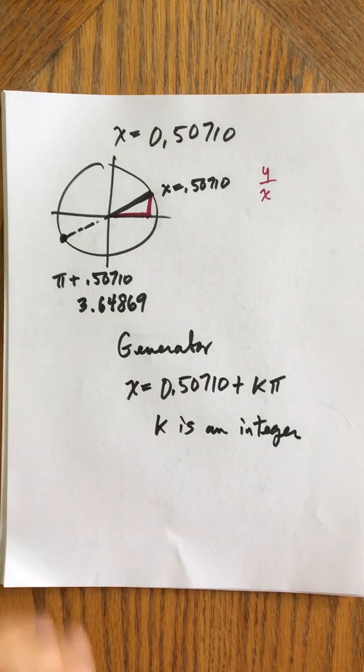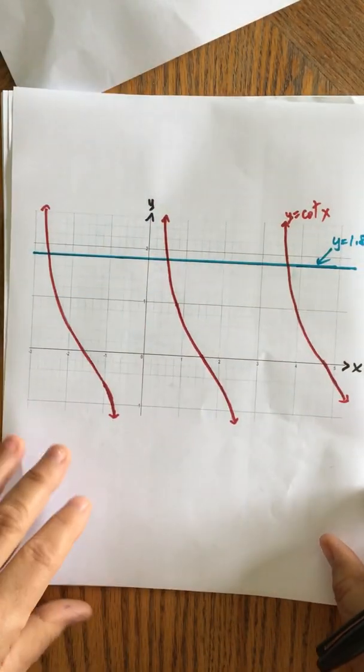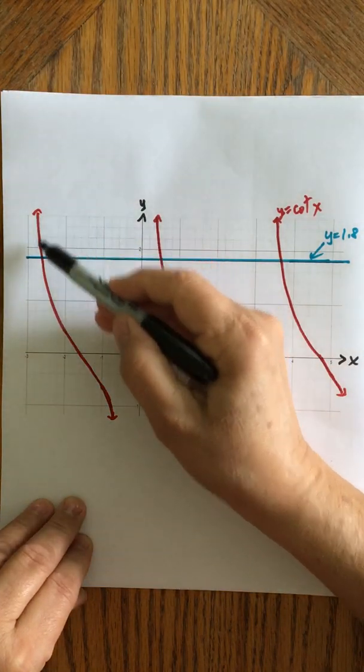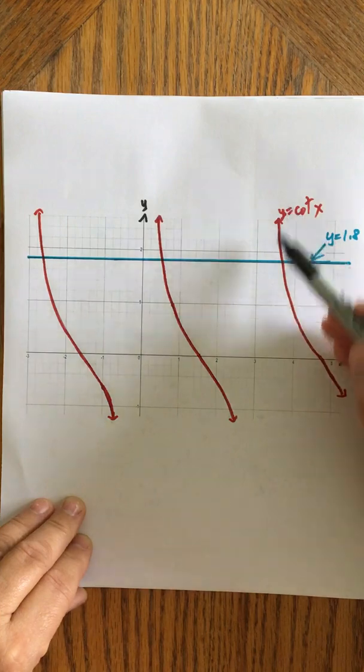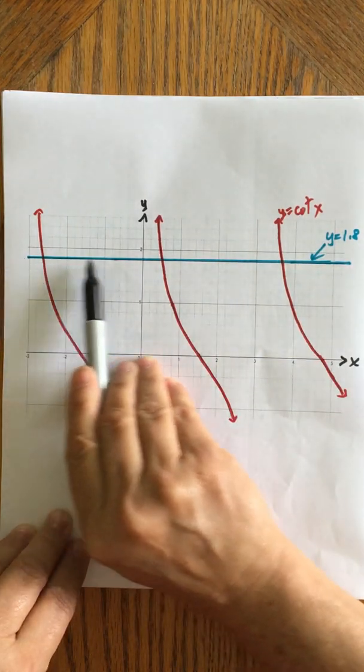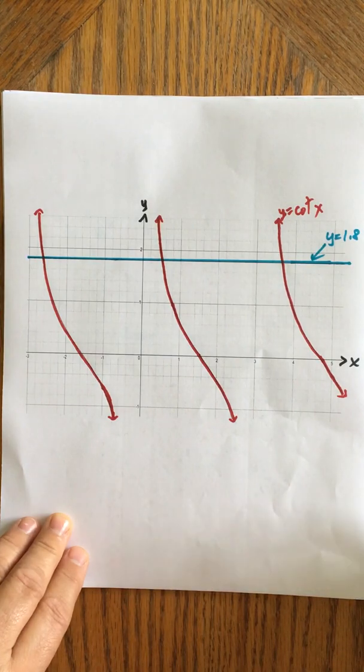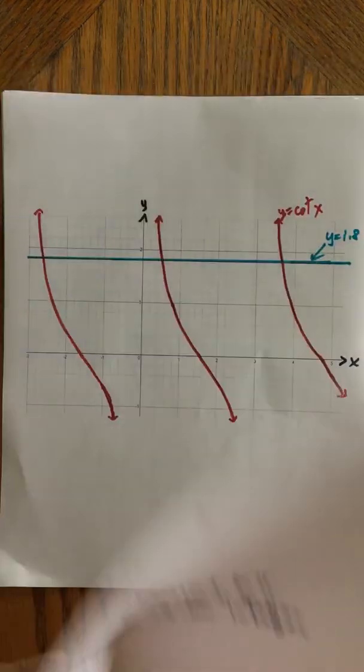And what this looks like is this. So you have the graph of cotangent, that's here. That goes on infinitely. And here's the line y equals 1.8. And so what we found, our first solution was 0.50710.